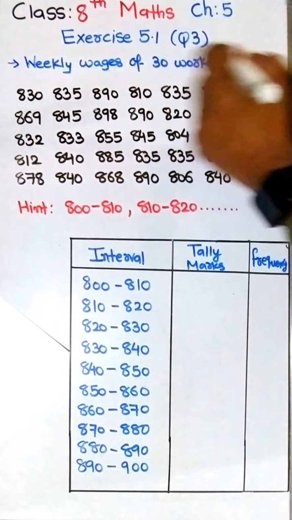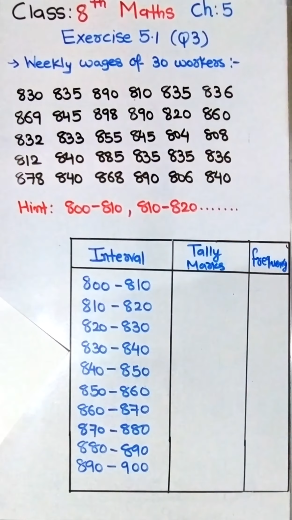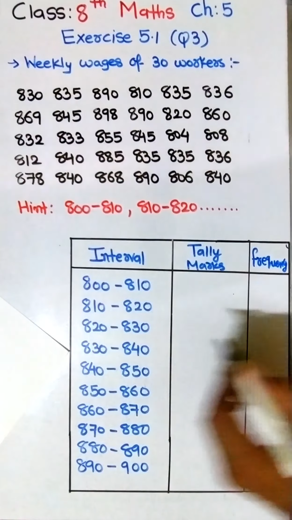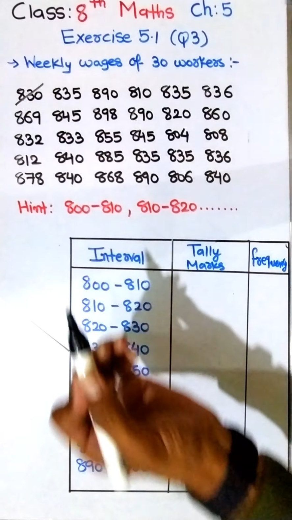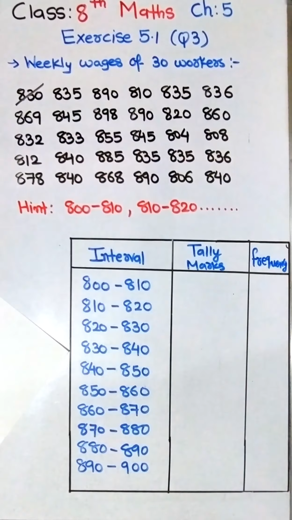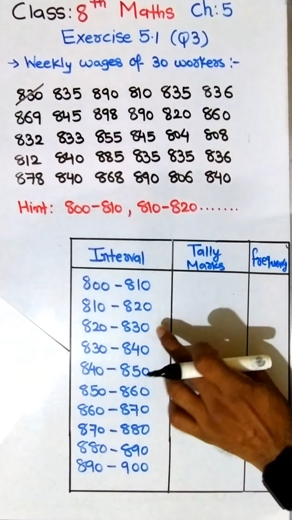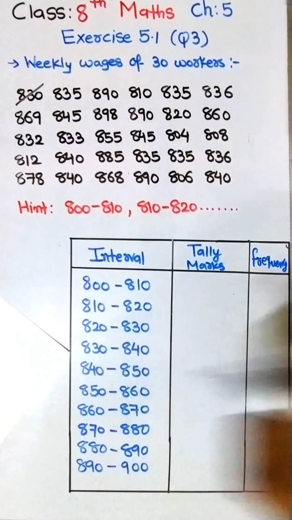So one by one we will go through the values, we will cancel them and put a line. Okay, so let us start with the first one, 830. In which class interval is it? 830 over here. So here you can see 830 is in this class as well as in this class.